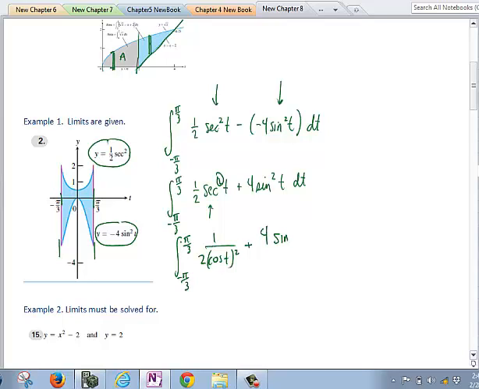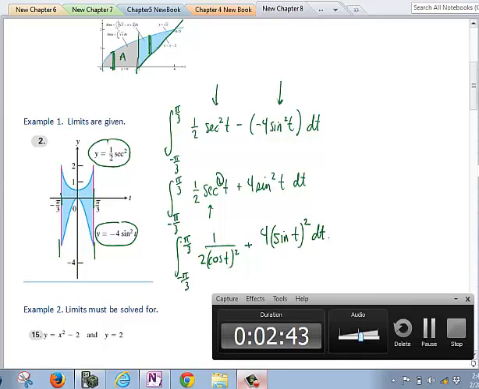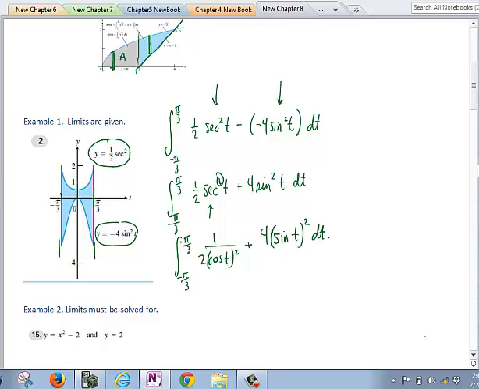And then on this one, you have to do 4 sine of t and square that quantity. So if you're going to use a graphing calculator, you would want to make sure you put the integral in exactly that way, and the end result from the calculator would give you the answer.